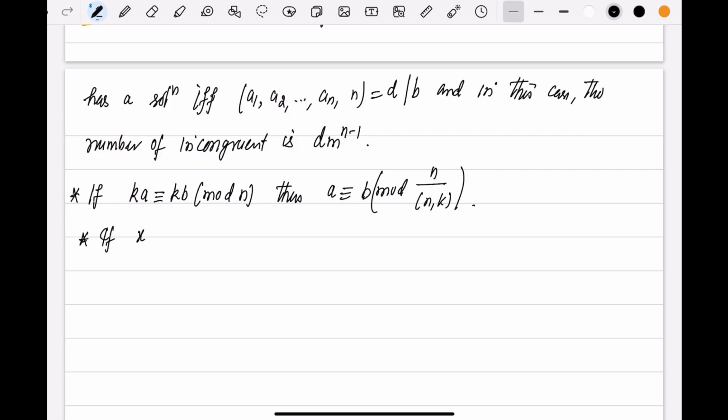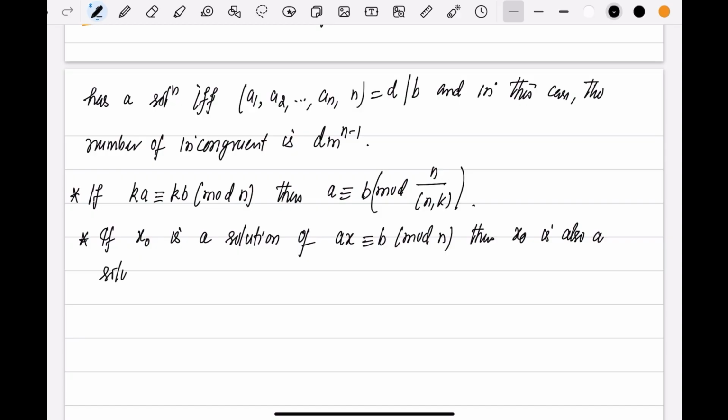Another property: if x naught is a solution of ax congruent to b modulo n divided by the GCD of n and k, then x naught is also a solution of kax congruent to kb modulo n.